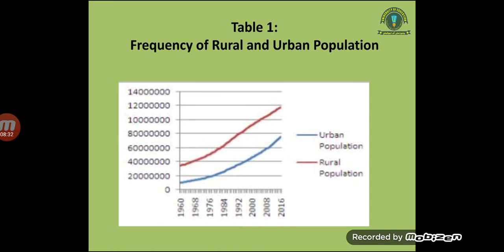This blue line is for the urban population, and this red line is for the rural population. I hope now you can understand the frequency of the rural and urban population.